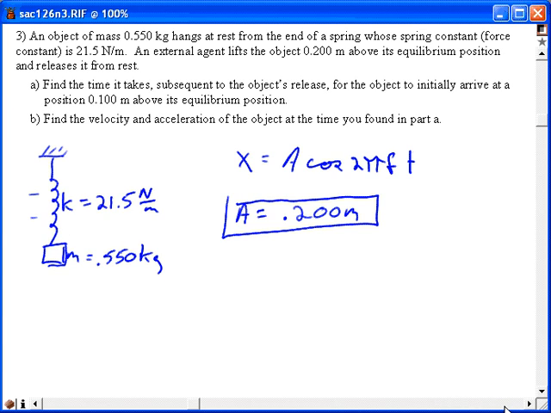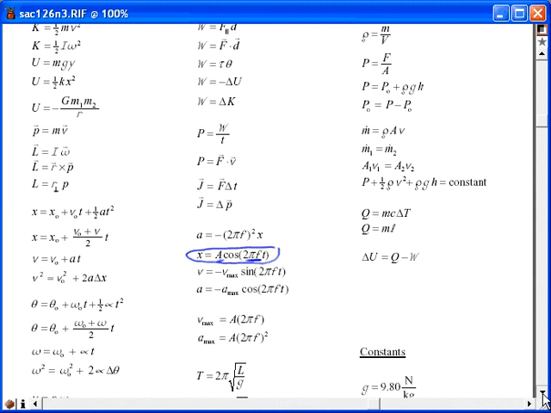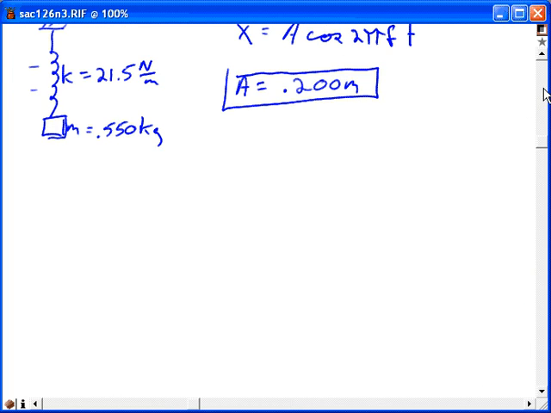We do have a relationship that relates T for the case of a mass on a spring to those characteristics, the mass of the object and the spring constant, and we'll also use the fact that f is equal to 1 over T to get an expression for f and indeed for 2 pi f.